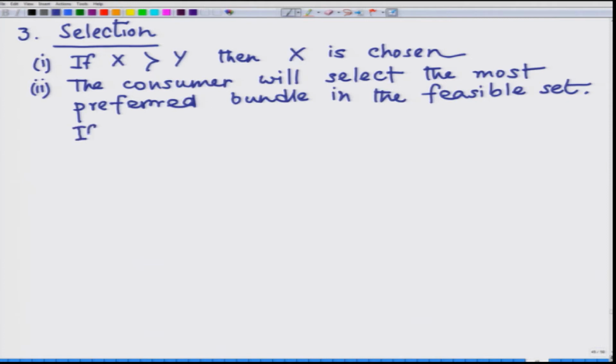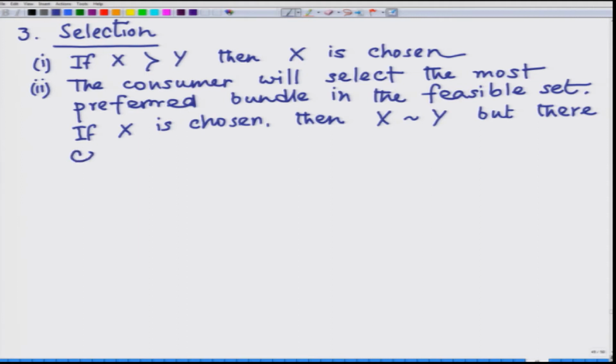So, if x is chosen, then there can be some y where we can say that x is indifferent to that y, but there cannot be any z such that z is preferred over x.